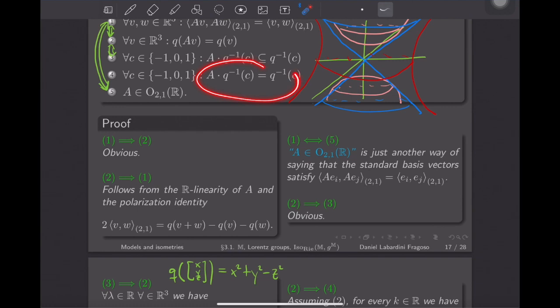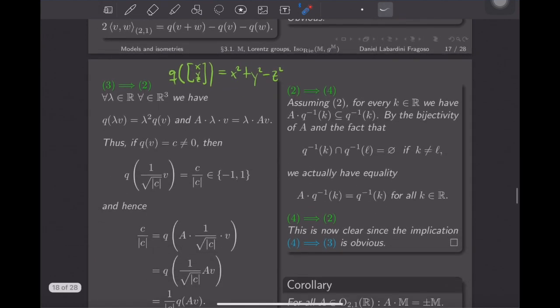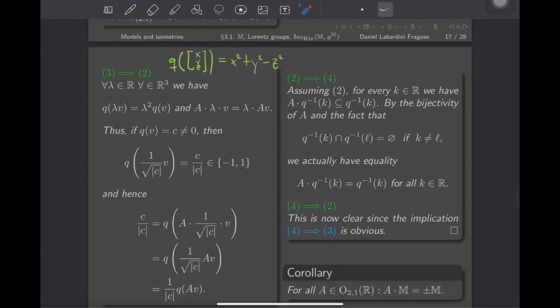I want not only that A preserves that something that gives you C, that A of something that gives you C gives you C, but also that anything that gives you C is A of something. So now from 2, which is precisely that A of something that gives you K gives you K.